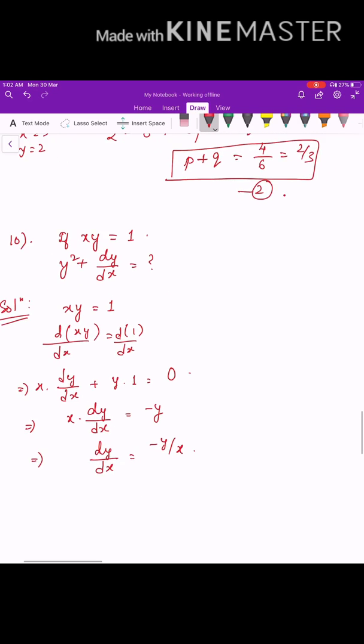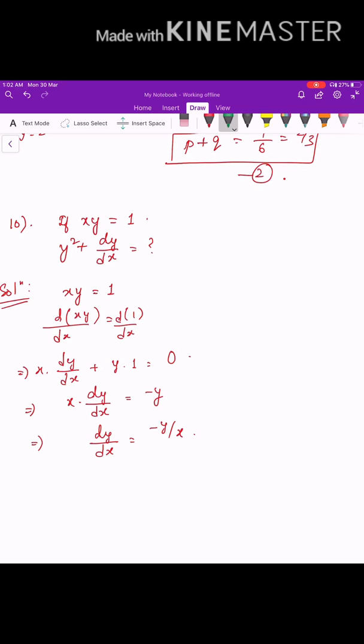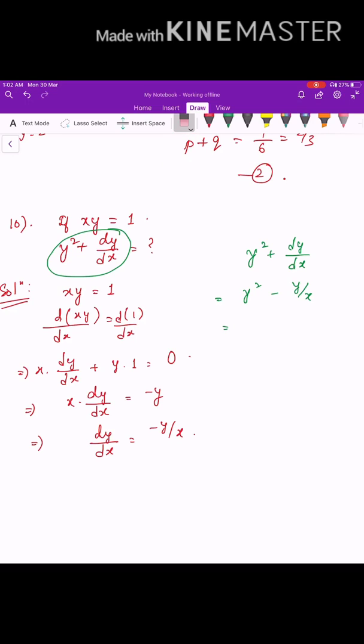Okay. Now, what have they asked us? Find the value of y square plus dy by dx. y square, what is dy by dx? Minus y by x. If I take the LCM, it becomes xy square minus y. Okay, rather do it this way.